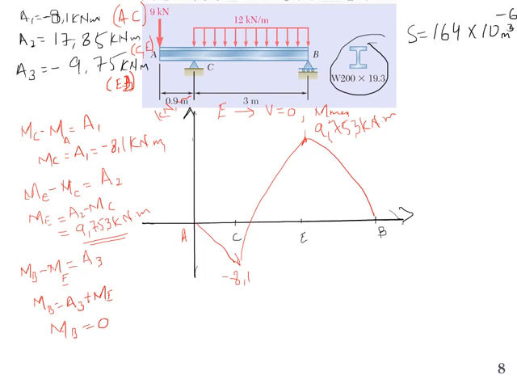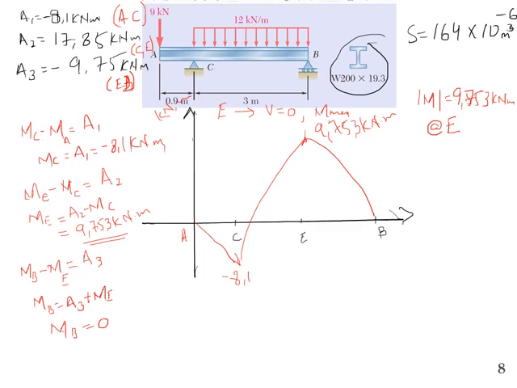This is the maximum bending moment, and it will be at location E. Now we have to find the maximum normal stress. The maximum bending moment M will be 9.753 kilonewton meter, acting at E.